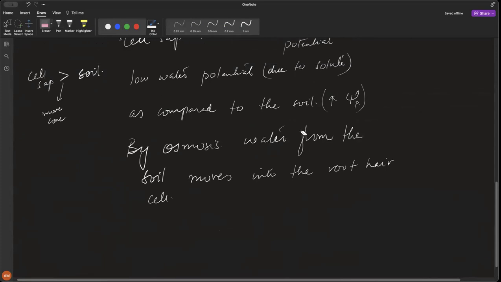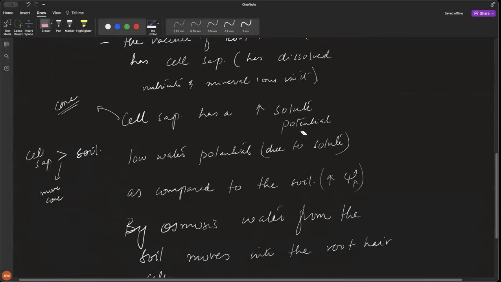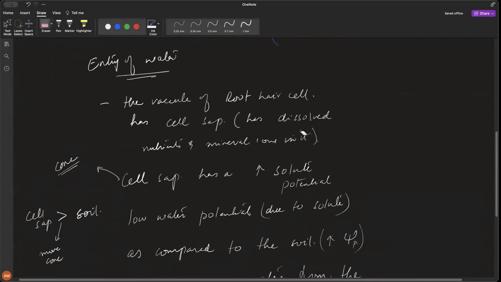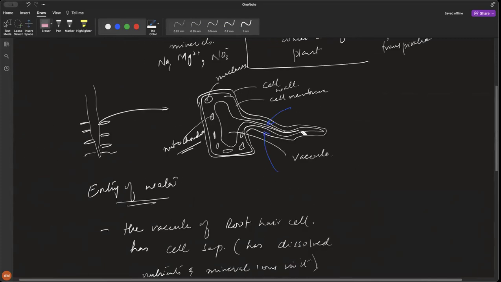All right. So the movement of water is going to be from the soil into the root by osmosis due to a large difference of concentration.